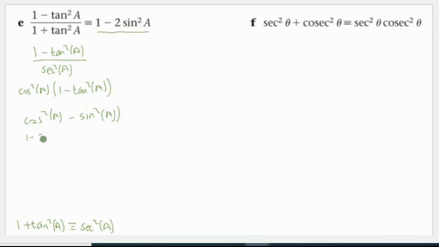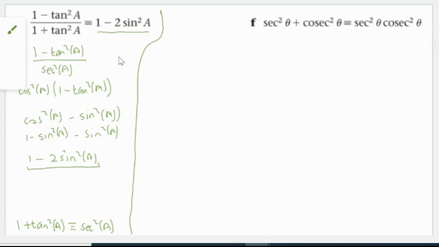So 1 minus sine squared A, minus another sine squared A, gives us 1 minus 2 sine squared A. And that's it. We've proved that the left-hand side is equal to the right-hand side.